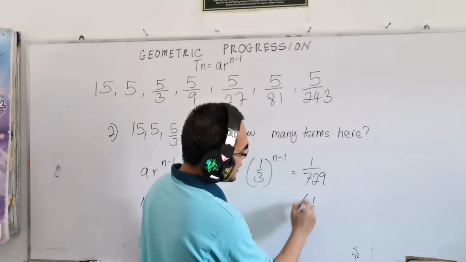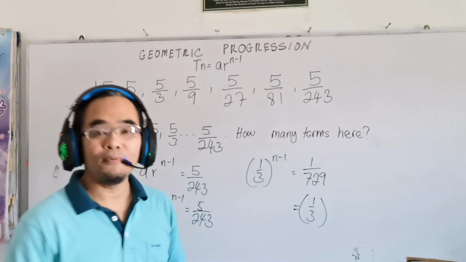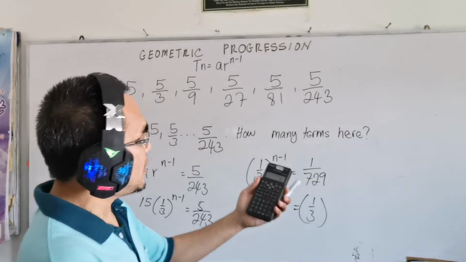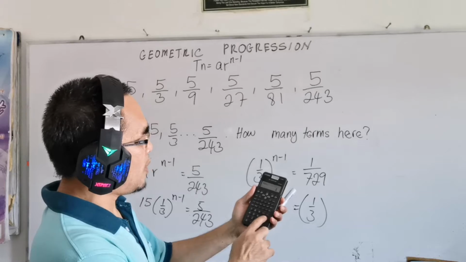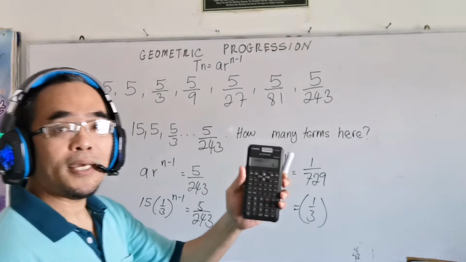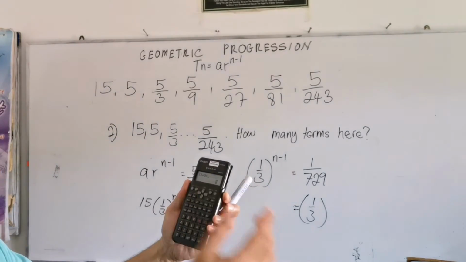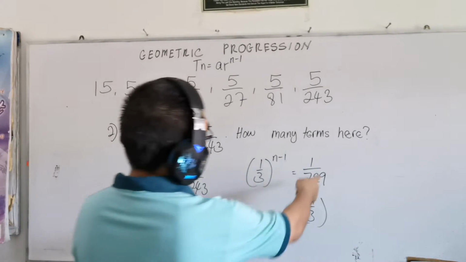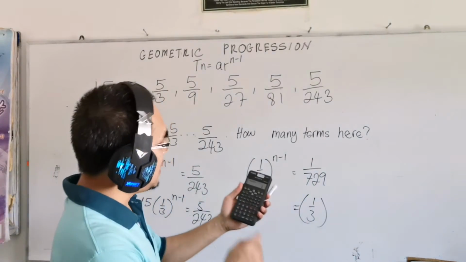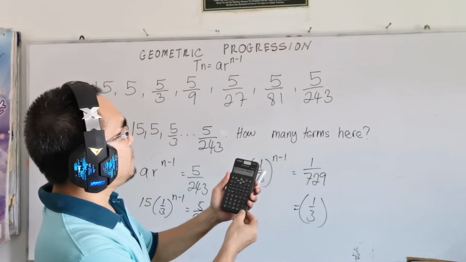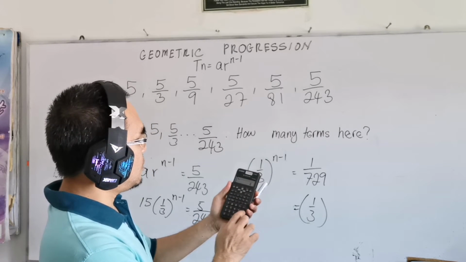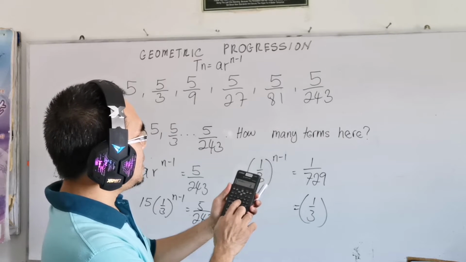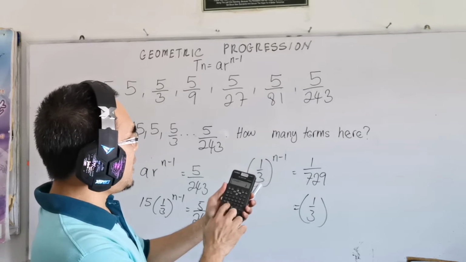So 1 over 3 to the power of what? Use the calculator, make sure the bracket has 1 over 3 inside, and then press whatever number you like until you get 1 over 729. Maybe we start with 8. It would be 1 over 3 to the power of 8.